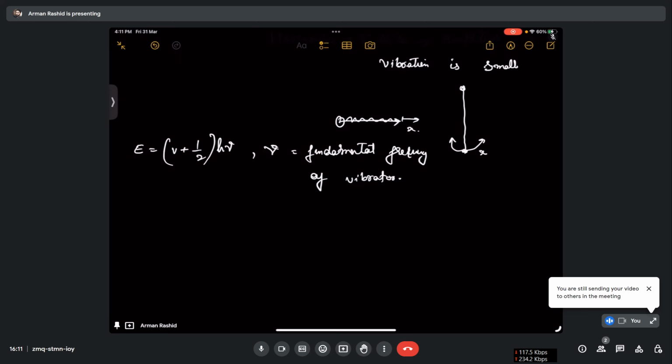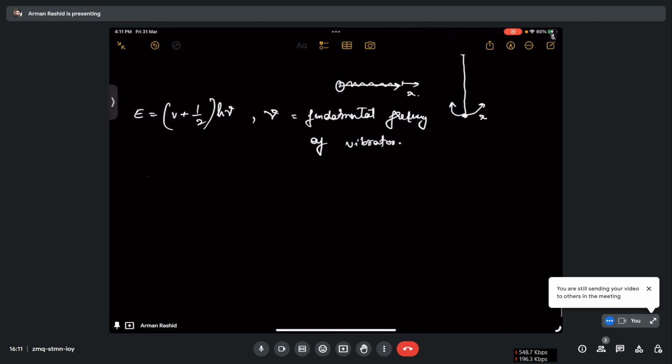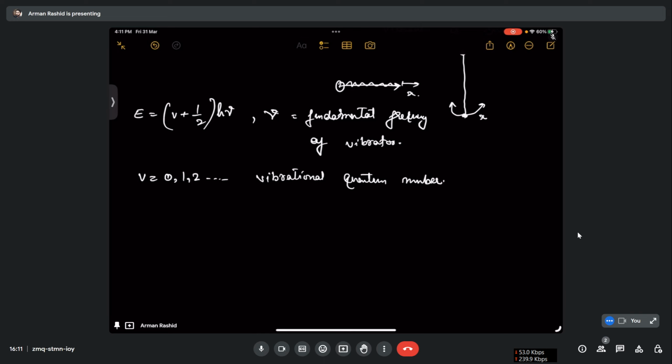I will tell you why it is called fundamental. We can change v from 0, 1, 2 like this. So v is the vibrational quantum number.